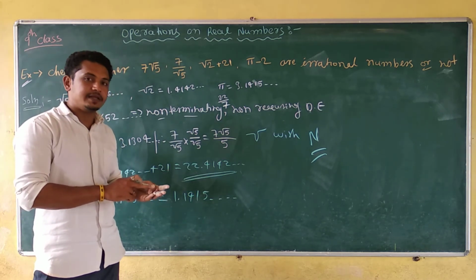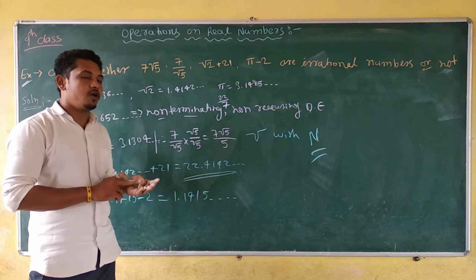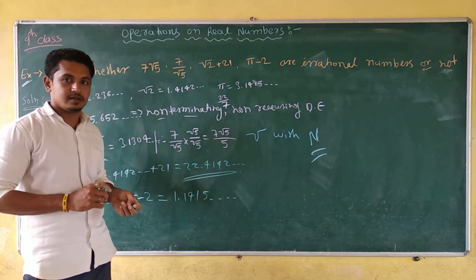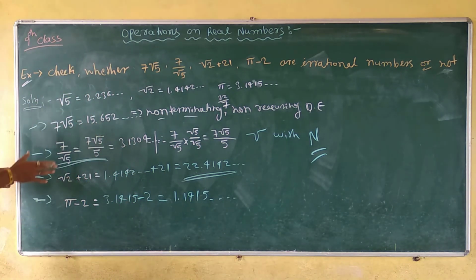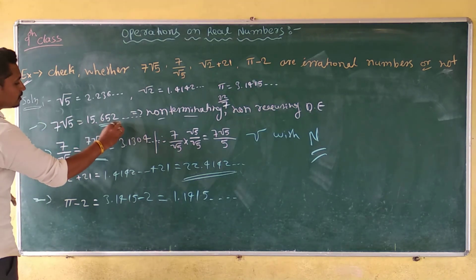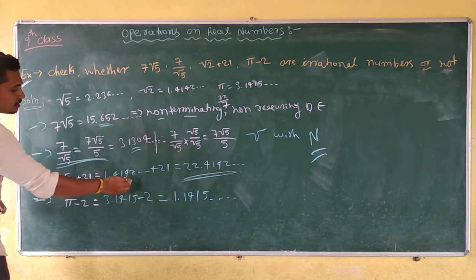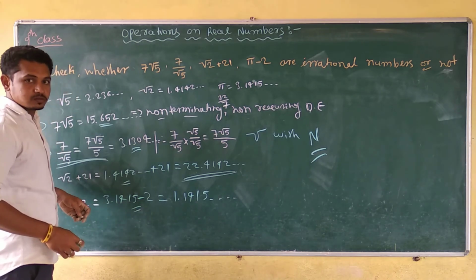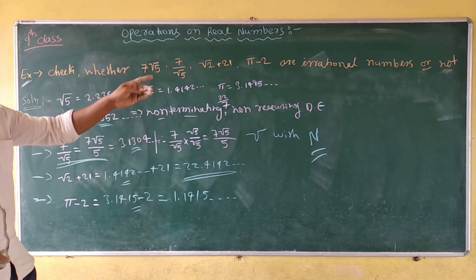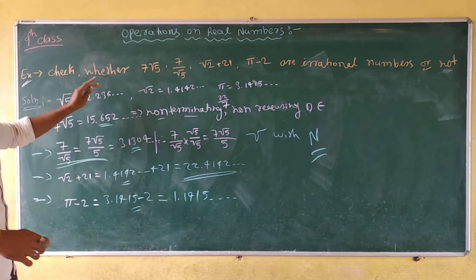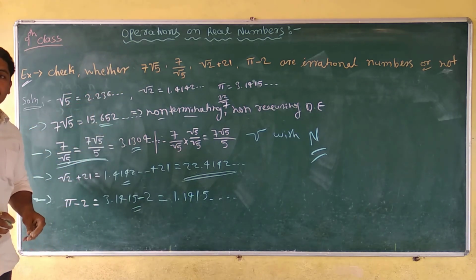The irrational number means a non-terminating, non-recurring decimal expansion. So we note down these answers and conclude that all are irrational numbers.